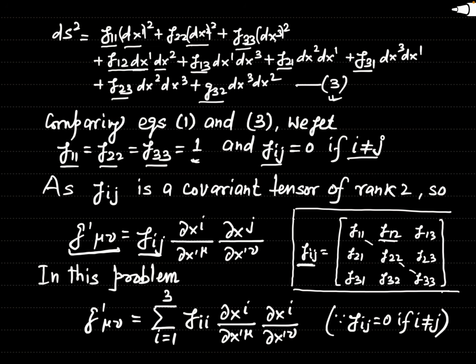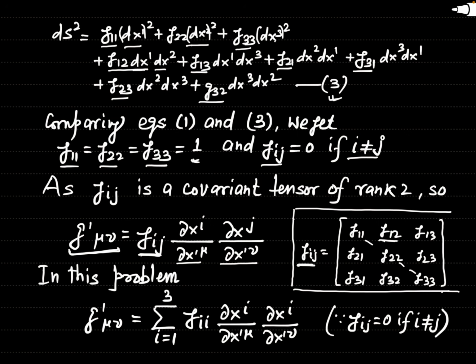You have already studied the transformation law for a covariant tensor of second rank in the previous lecture. So I hope you understand these things clearly. So G prime mu nu, according to the transformation law, will be equal to Gij times del xi by del x prime mu times del xj by del x prime nu.